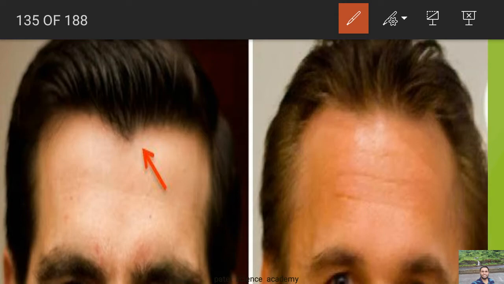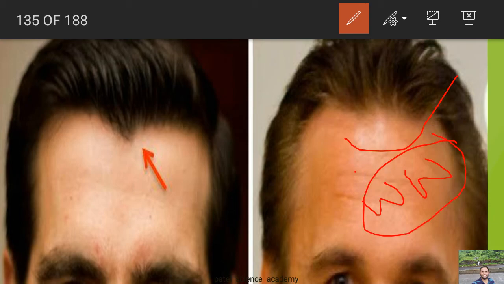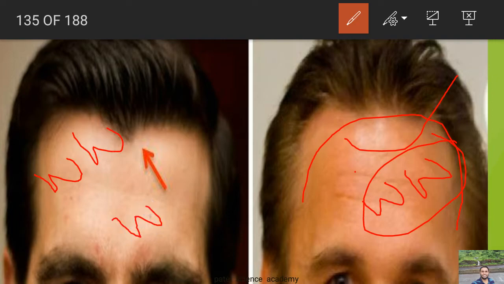So if a person is homozygous recessive, that is, has the small w recessive gene pair, that person will have a straight hairline. The widow's peak will come if two capital W's are there, the homozygous dominant condition, or the heterozygous condition, capital W small w.